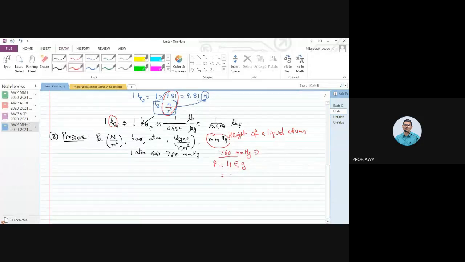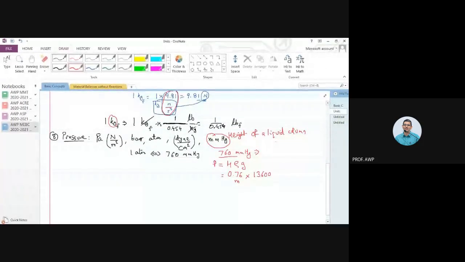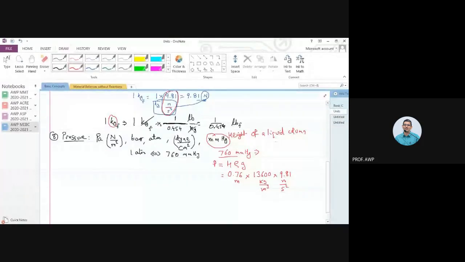So 760 is 0.76 meters. Rho for mercury is 13,600 kgs per meter cube, okay, and g is 9.81 meter per second square.